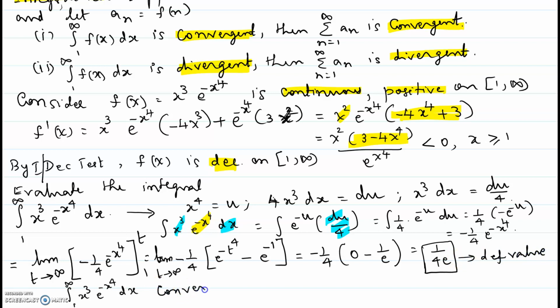So it is convergent. So does the series. The series sigma n varying from 1 through infinity of n cubed e to the negative n to the power 4 also converges.